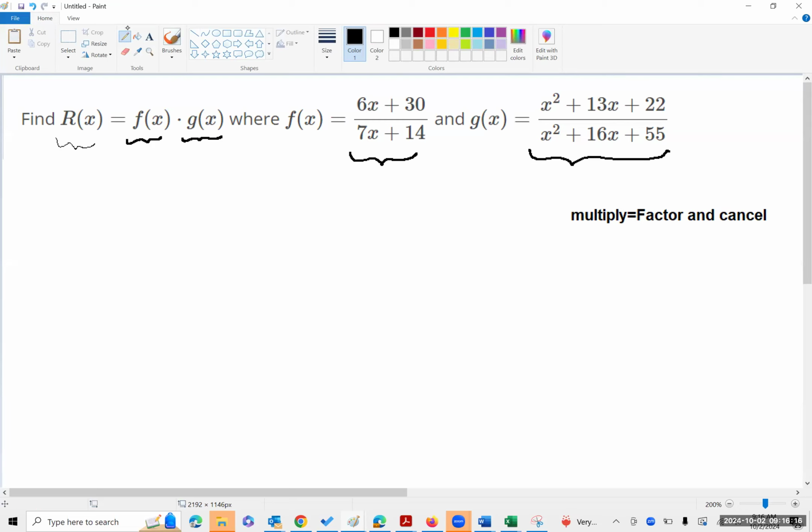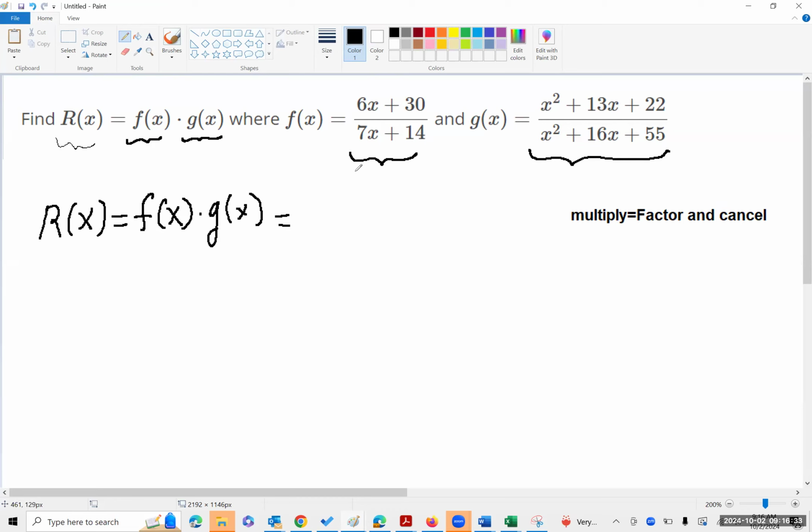Okay, so hopefully you don't get caught up in the abstract notation, but r of x is going to be given by multiplying f of x with g of x.